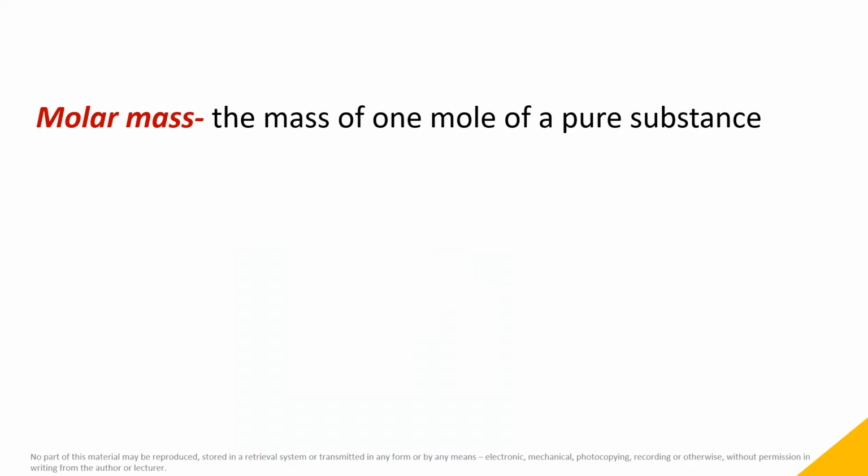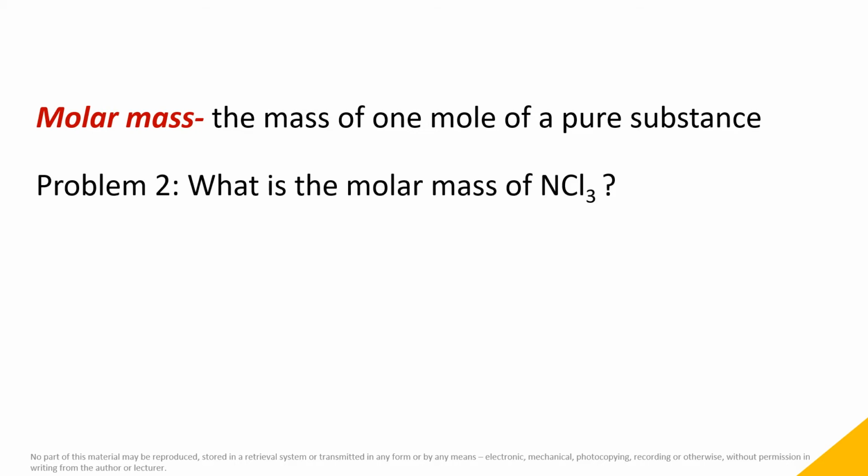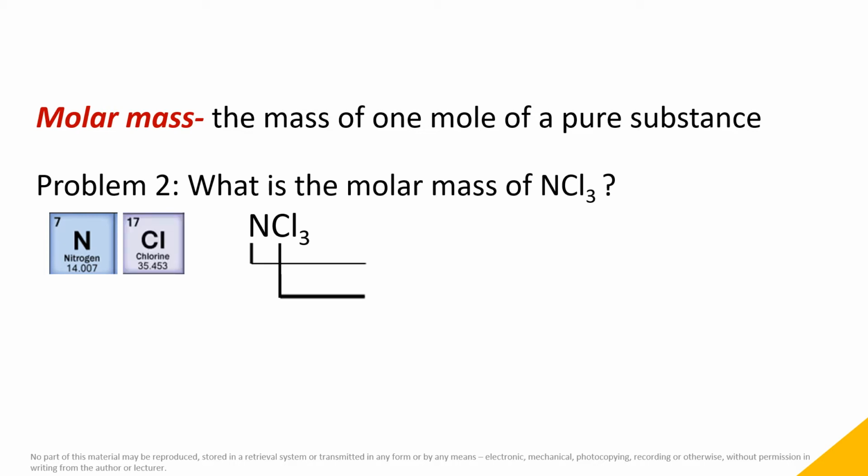Now let's have another problem involving molar mass. The question is, what is the molar mass of nitrogen trichloride? In order for us to compute the molar mass, we have to look for the atomic weight of nitrogen and chlorine. Looking at your periodic table, nitrogen has 14.007, while chlorine has 35.453.